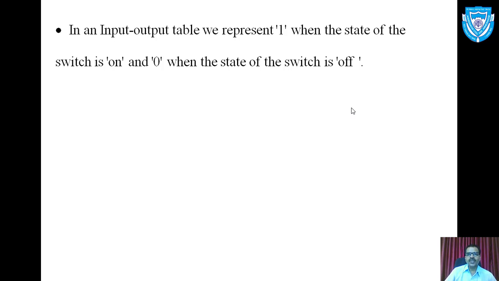When the state of the switch is off, it is denoted by 0. The off state can be represented by the truth value F, or in place of F you can use 0. So T stands for 1 and F stands for 0. That you have to remember.